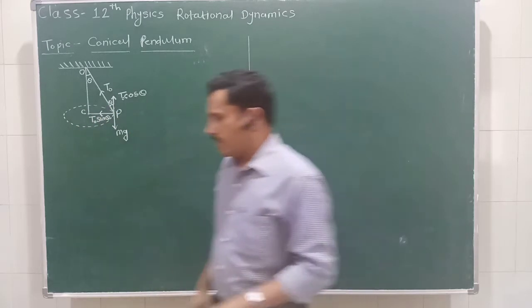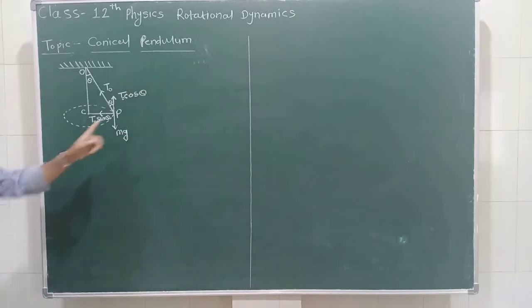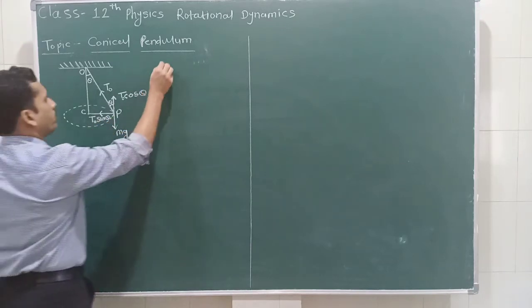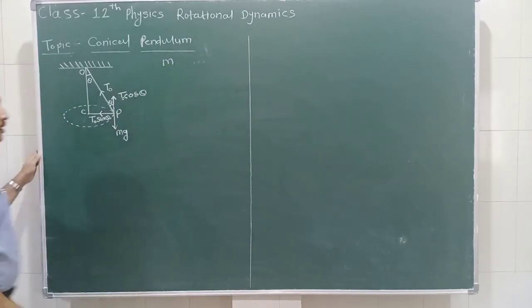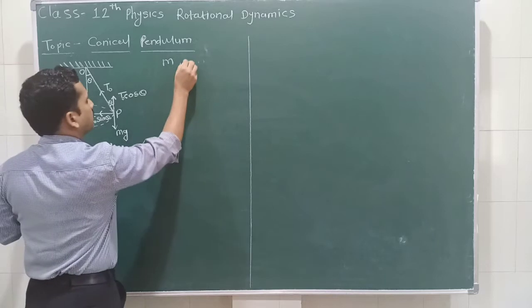Okay, now let's start. Consider a metal bob of mass m revolving in a horizontal circle of radius r.